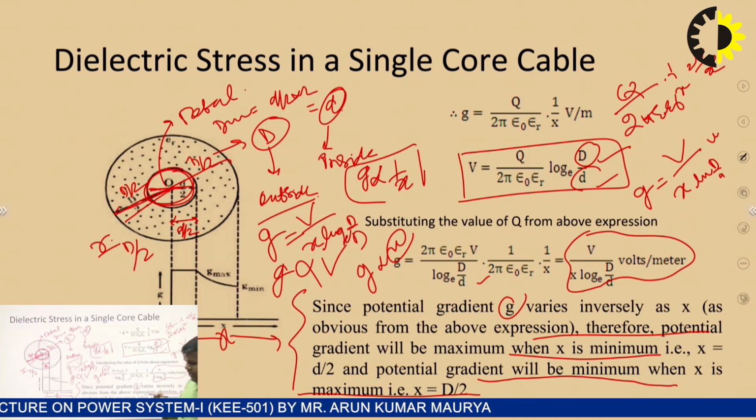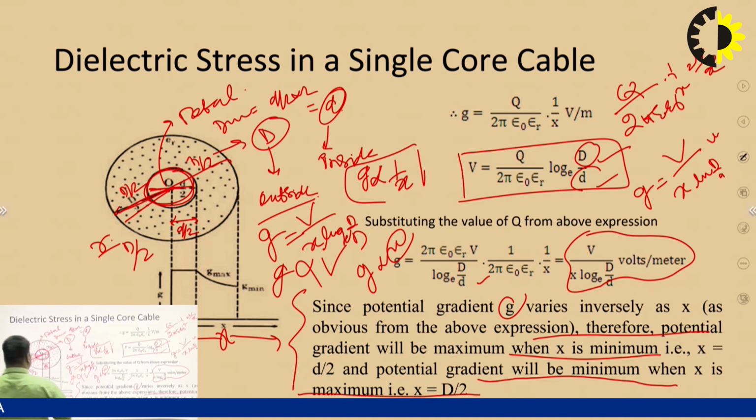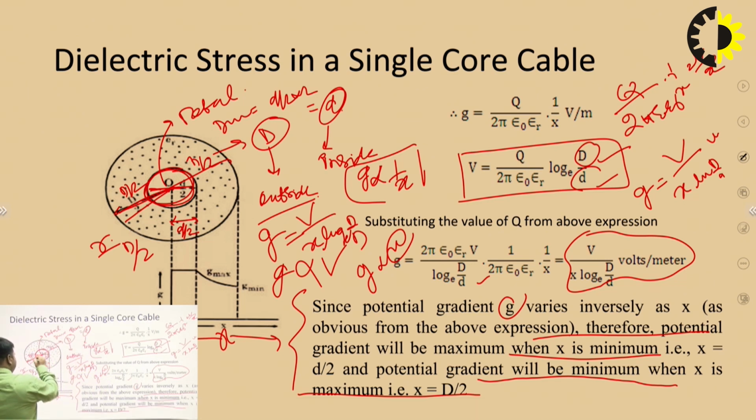We have to keep in mind what is capital D and what is small d. Once again, inside the cable, the circular part has radius d by 2, and the outer part has radius capital D by 2.